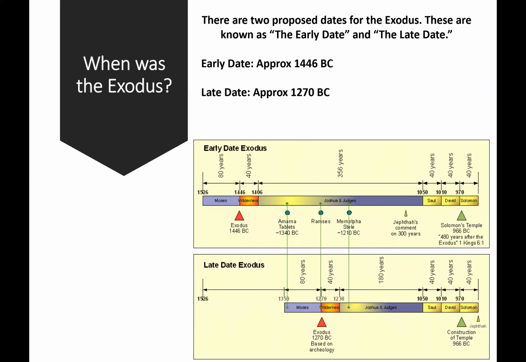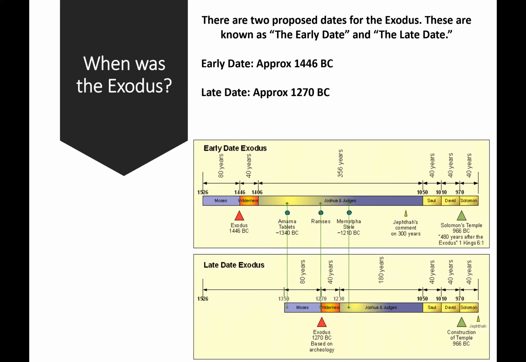In regard to the Exodus, there are 2 commonly known dates that are thrown around. The first of these is approximately 1446 BC, which is what we call the early date. We call it that because it's obviously earlier than the other date, which is the late date, supposed around 1270 BC.